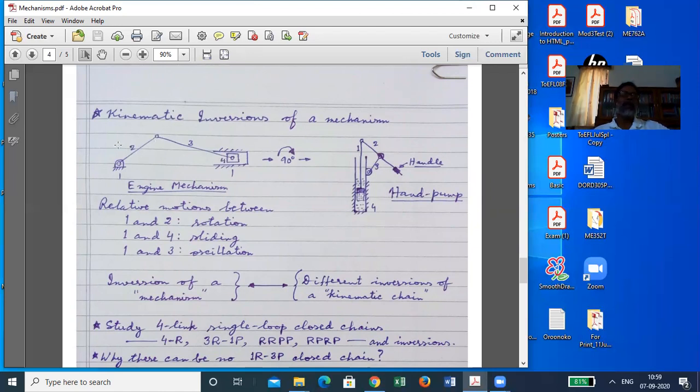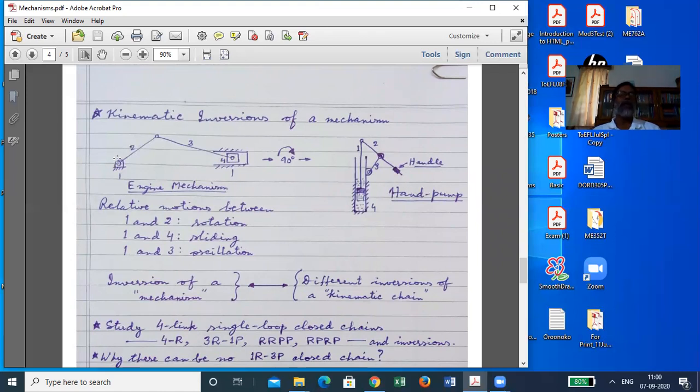So this is the crank, rotating which is perhaps the purpose of this engine. And here is the piston. So crank, piston, connecting rod, and frame, which is actually the cylinder, and crank pivot here.